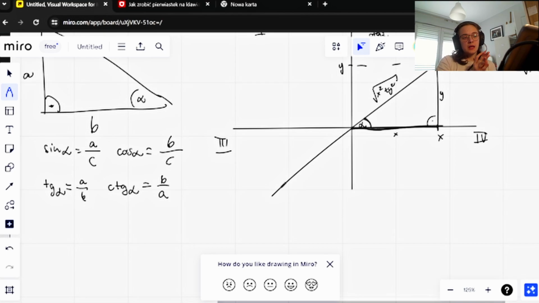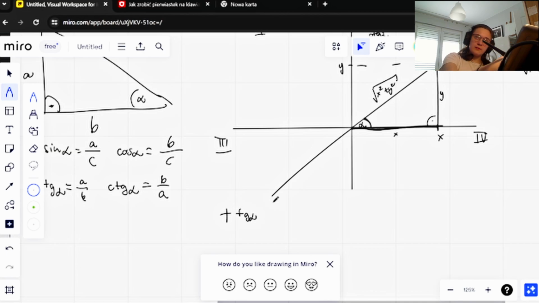Okay, now I will just do this. As we can see here, x and y are both negative. So tangens is y divided by x, so it's negative divided by negative, which gives positive.